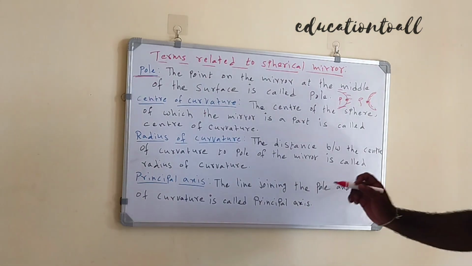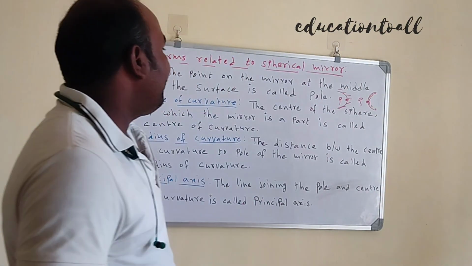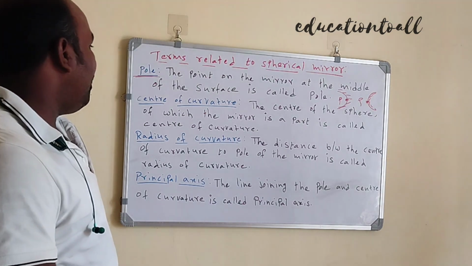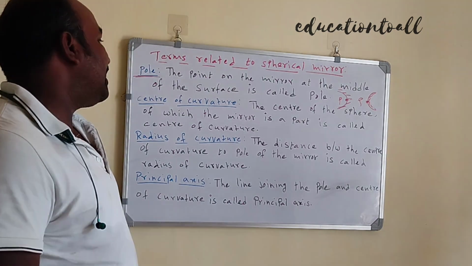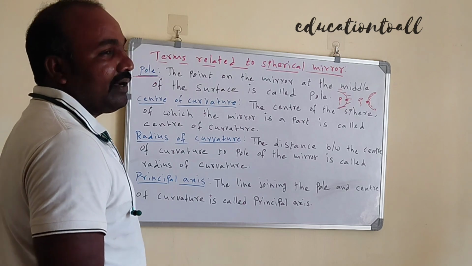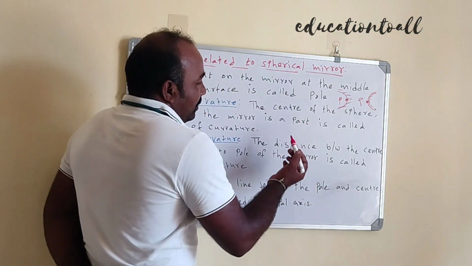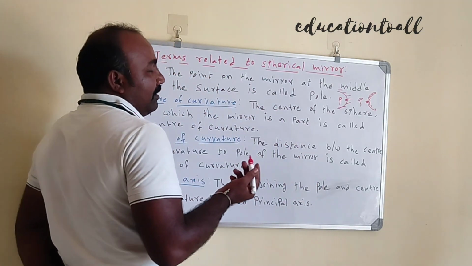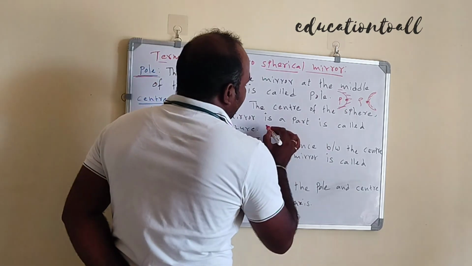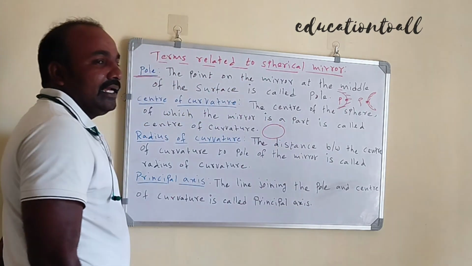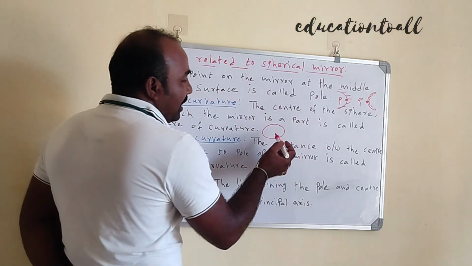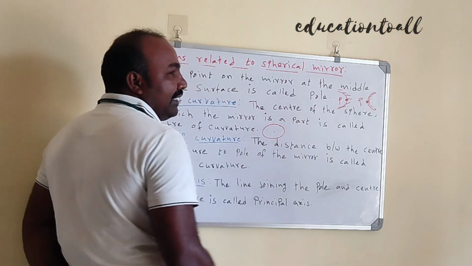Next, center of curvature. The center of the sphere from which the mirror is cut is the center of curvature. So how can you prepare convex and concave mirrors? We take one spherical glass, which has its center here.